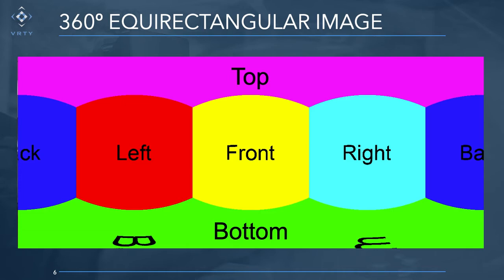So the very top and the very bottom is what you would see from a ceiling or floor perspective, but in front of you, that's what you would look at if you were standing in the cabin. As you start to look left and right of that, that would be the side shots, and then at the very extremities of that actual image, that's actually behind you.